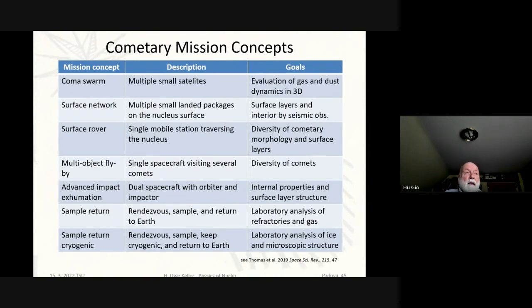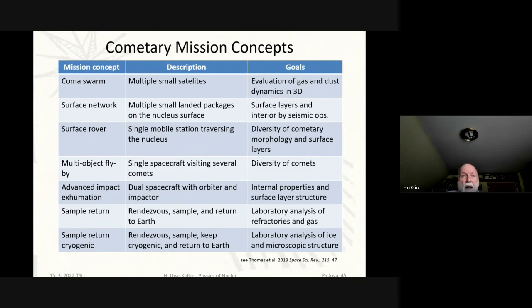Of course, I think the real thing to do is the comet sample return. You have so much more possibilities to analyze data in the laboratory than you can do in situ, and you can do this for many, many years with very small amounts of data. Look at Stardust, where you have milligrams of cometary material and tens of papers investigating this material, and lots of surprises came out.